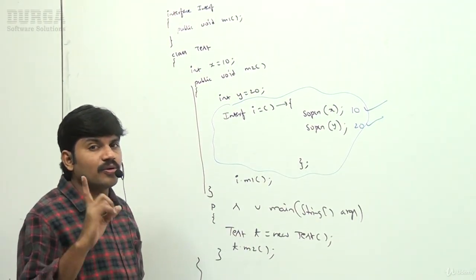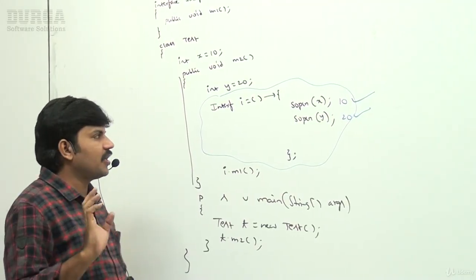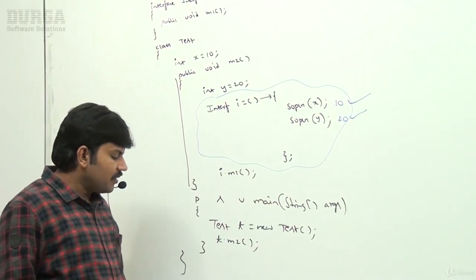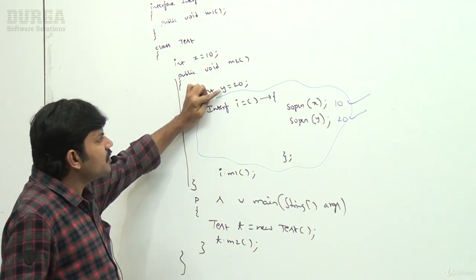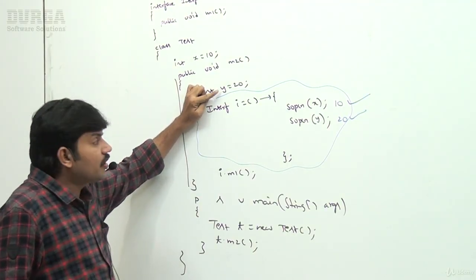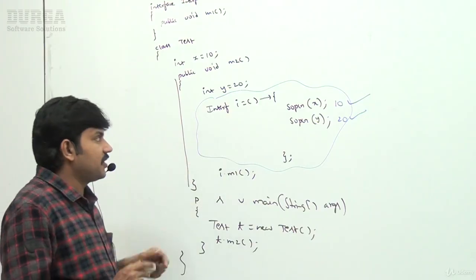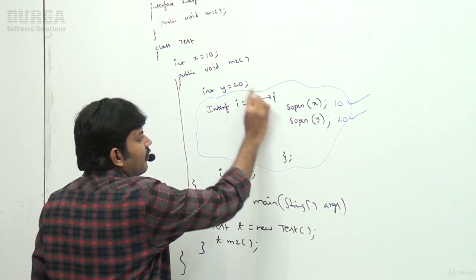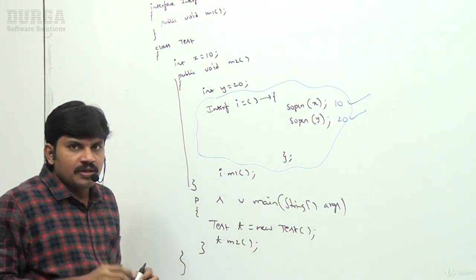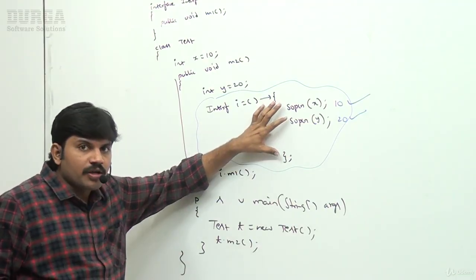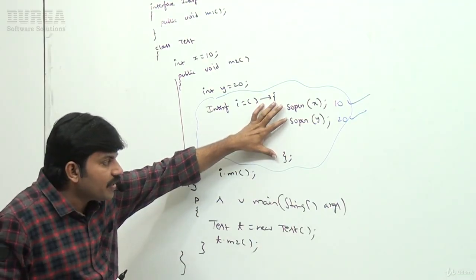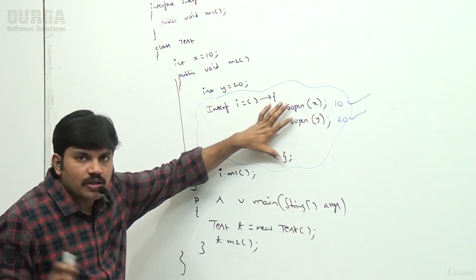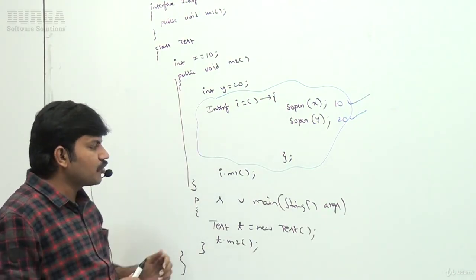But the important conclusion, take very special care about this terminology, right? So here this local variable is referenced from the lambda expression. Are you getting it? y is a local variable referenced from the lambda expression. Next, do you know, this lambda expression is not executing inside this m2 method.